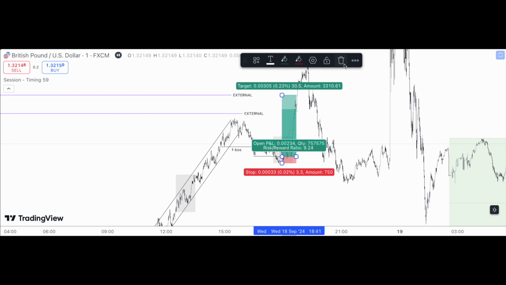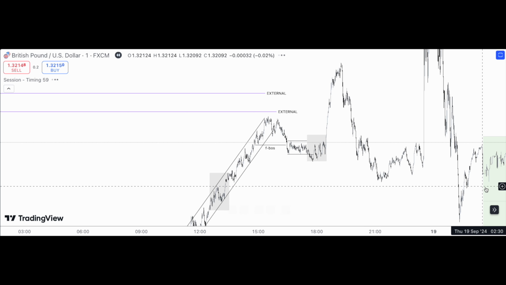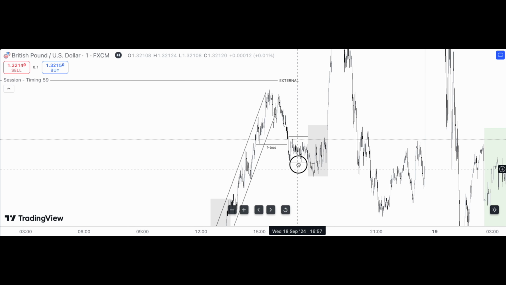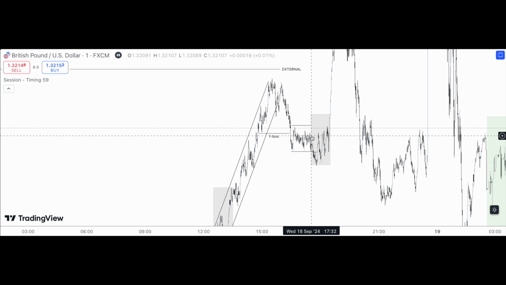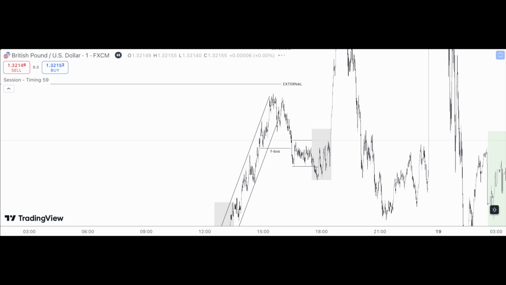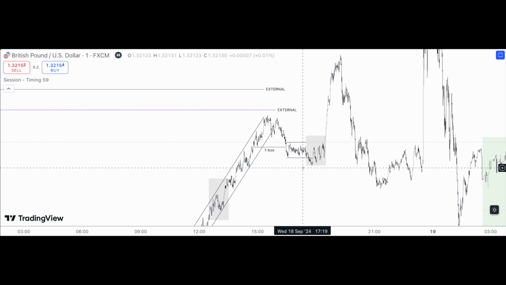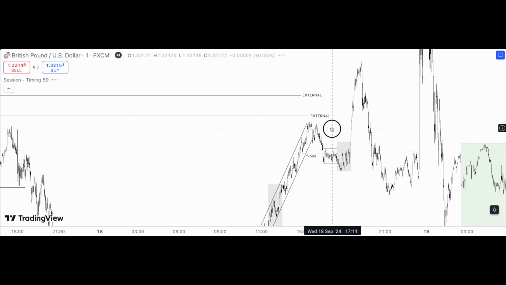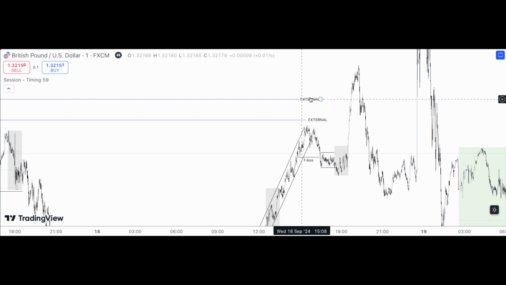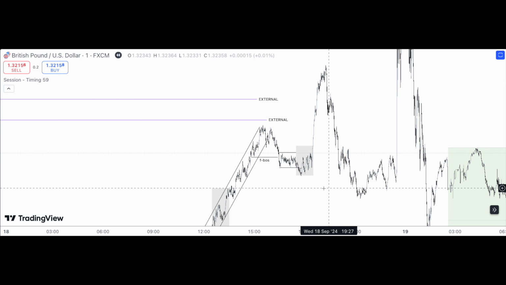So the trade idea is very simple. You wait for the accumulation phase, let the market, first you have to be in line with the liquidity. I was only looking for buy entries because the nearest liquidity that we can see is over here, the external liquidity. So my target was this external liquidity and I was looking for buys.